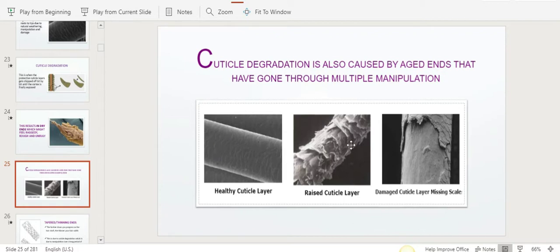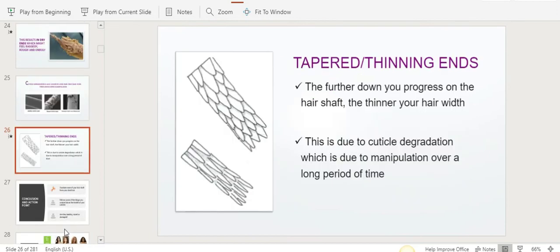But over time when you put products, you do deep conditioning, shampooing, twist outs, you blow dry, whatever, it'll raise your cuticle layers a little bit until the point that your cortex, as you can see, becomes extremely exposed due to some missing cuticle layers. And so this is probably hair closer to your ends. But that's why it's always good to keep a regular trimming schedule. So let me show you what that looks like.